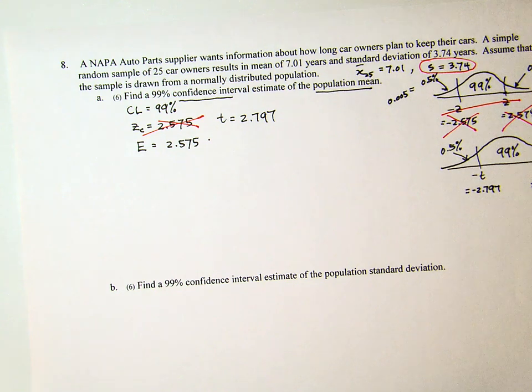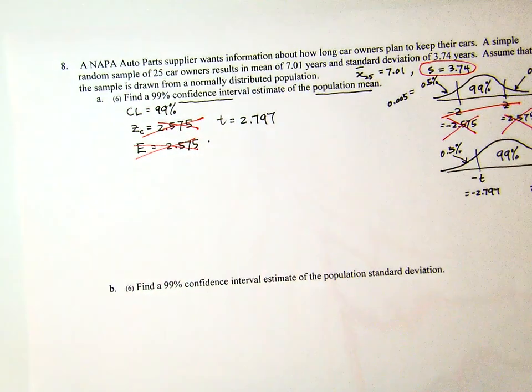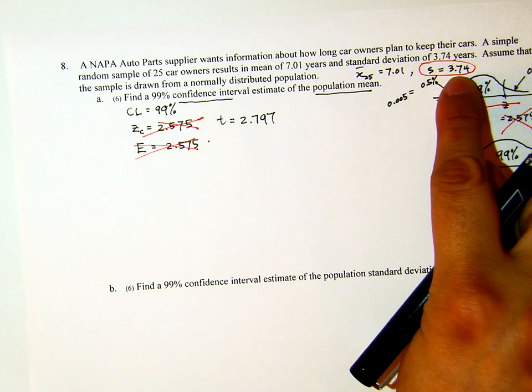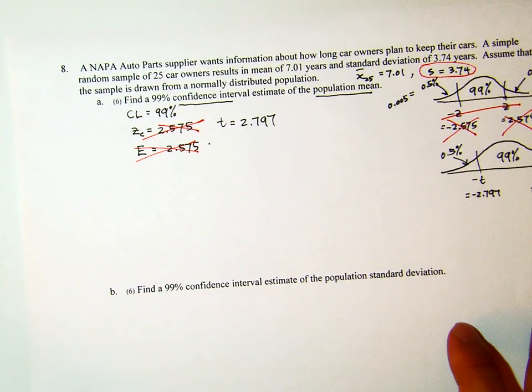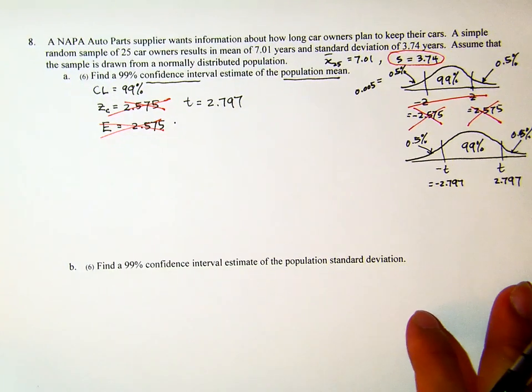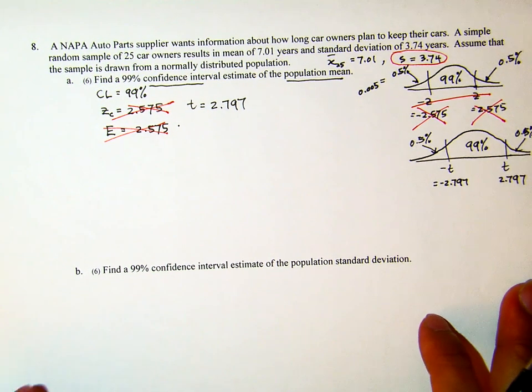Now what I'm showing you here is actually the common mistake that happened in the actual test. You need to be able to differentiate and remember that the standard deviation you have is the standard deviation from the sample, not from the population.